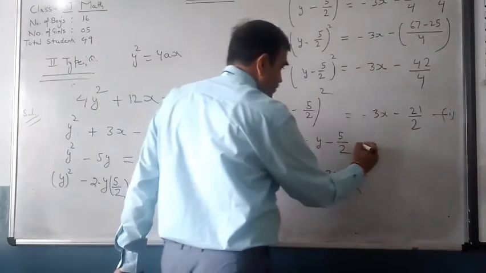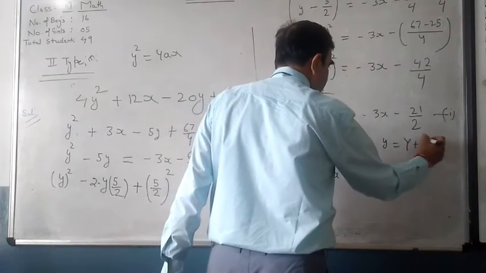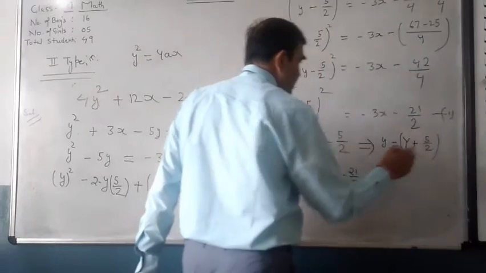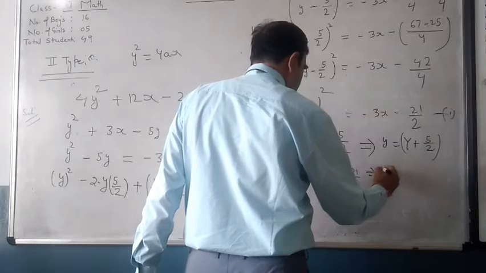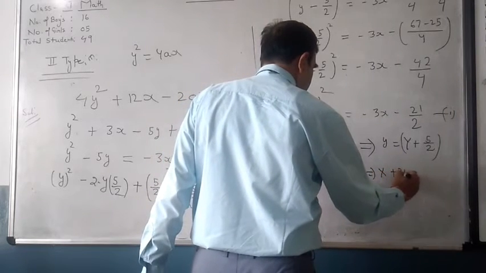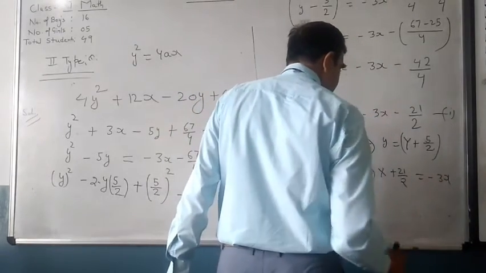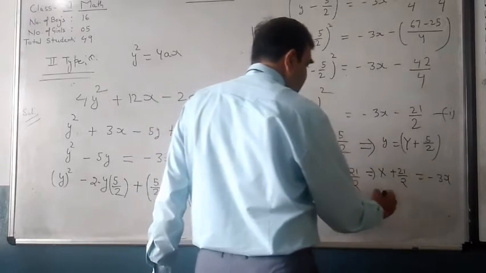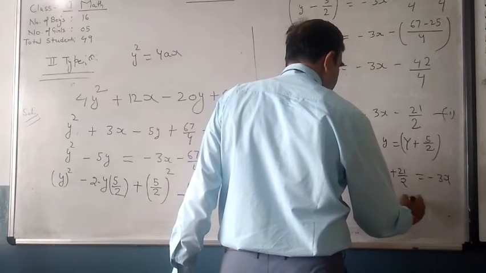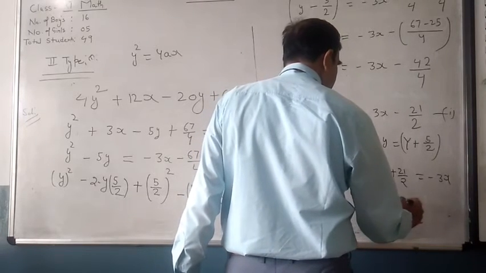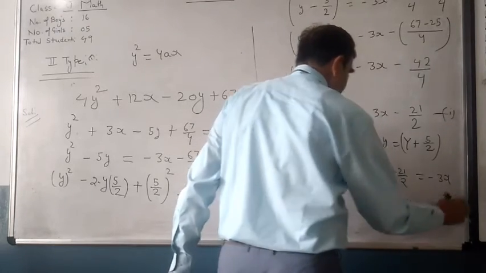With the help of this equation, small y is equals to capital Y plus 5 by 2, and capital X plus 21 upon 2 is equals to minus 3x, which means x is equal to minus capital X by 3 minus 21 by 6.